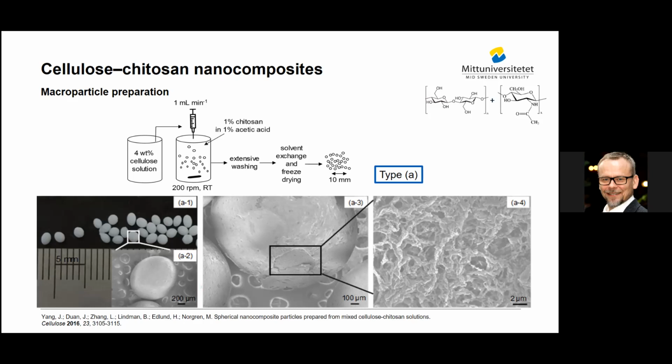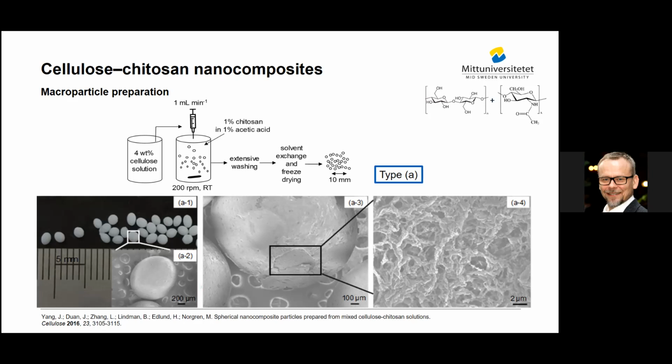And if you drip it, of course, you get a regeneration and you get chitosan incorporated in the particles. If you wash them and go further and make them into a solid material, you can see them here. They are quite big, macro particles, some millimeters, a bit beyond 1 millimeter, or maybe sometimes a bit more. But anyway, you can see them at least.